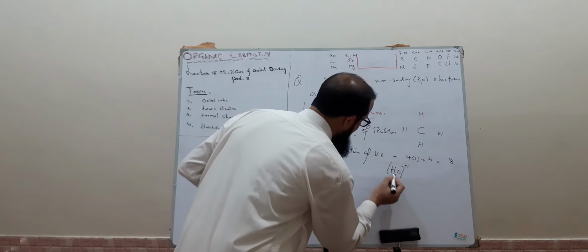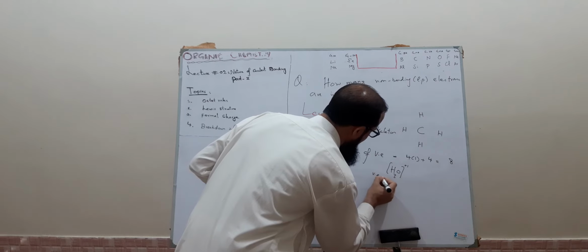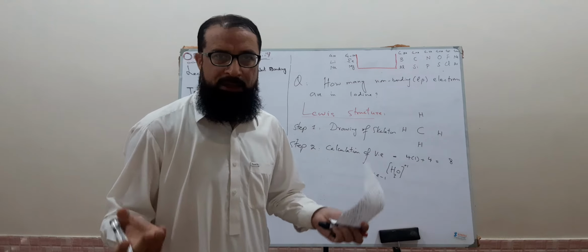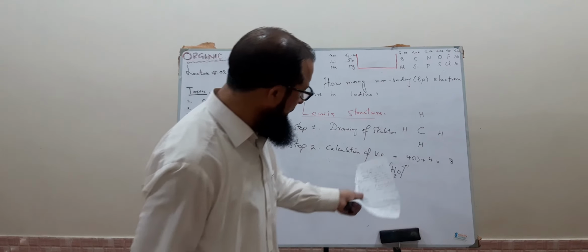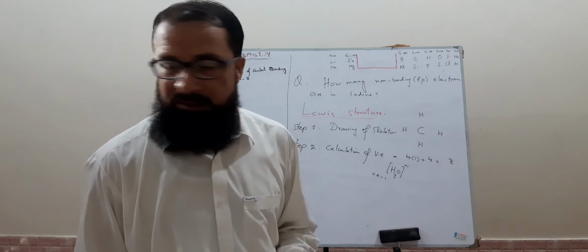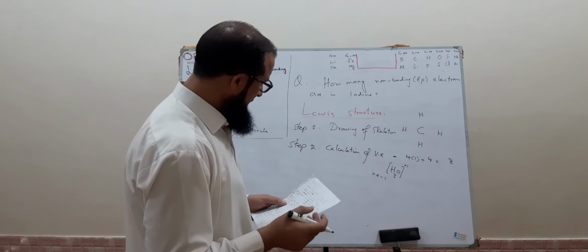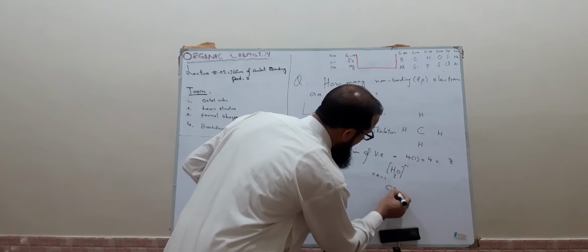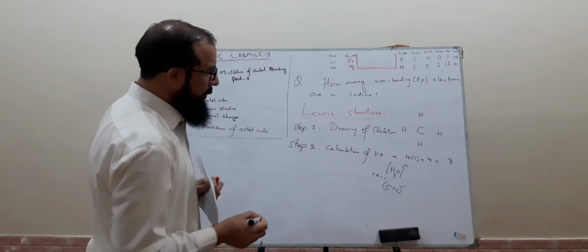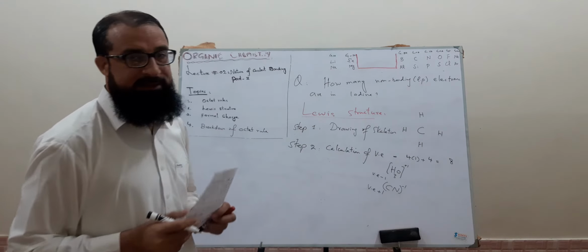So we will write valence electrons minus 1. If we have a molecule with 2 positive charges, then minus 2; 3 positive charges, minus 3. In case of a negative charge, for example cyanide, minus 1, then we will add one electron to the valence electrons.